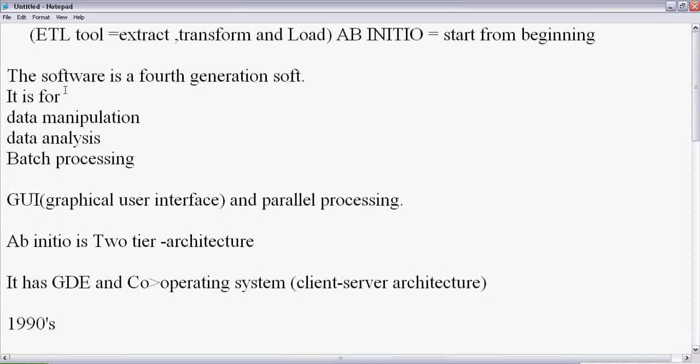This software is a fourth generation software. It's for data manipulation, data analysis, and batch processing. The special features of it are the GUI and parallel processing.